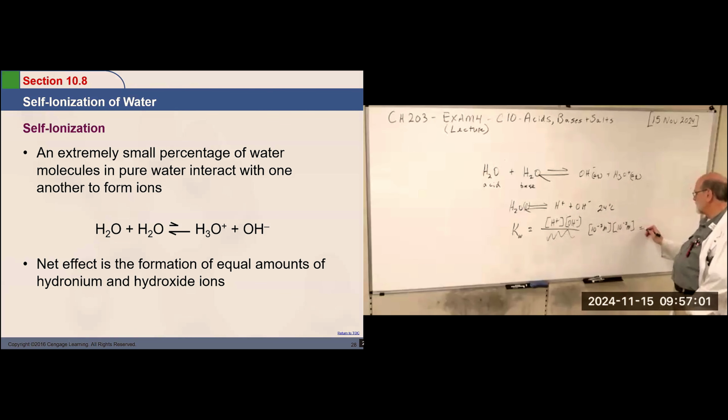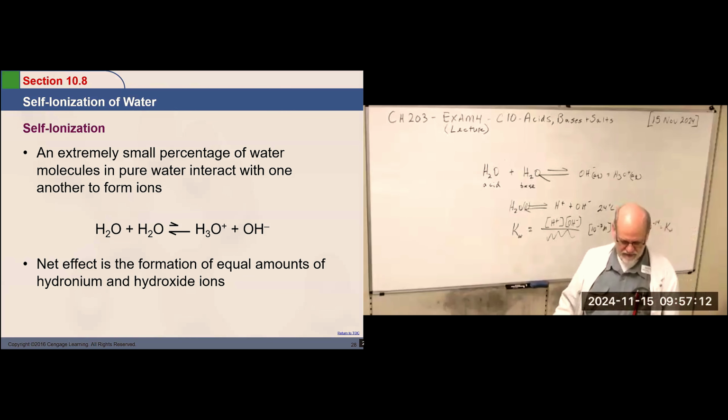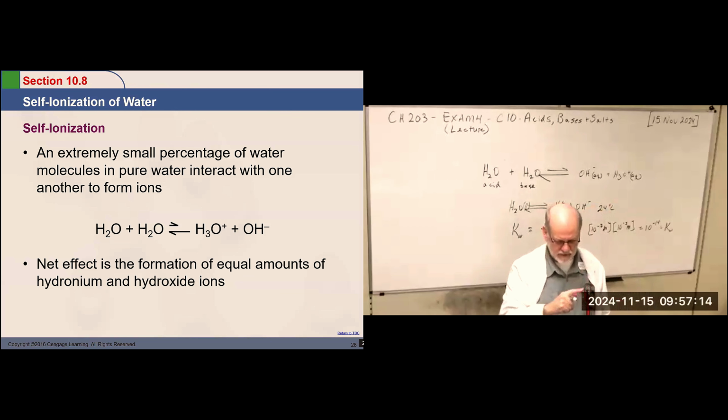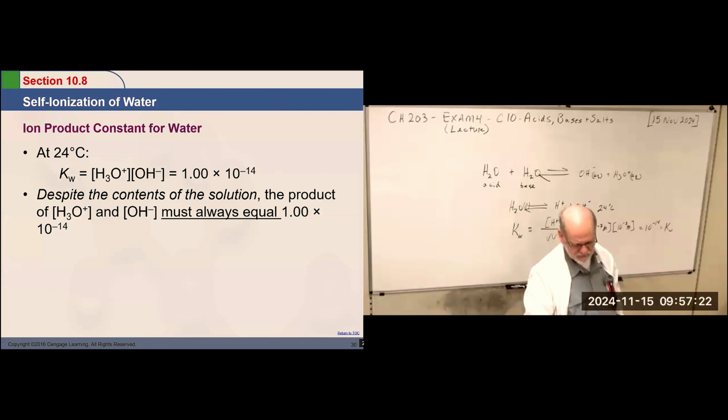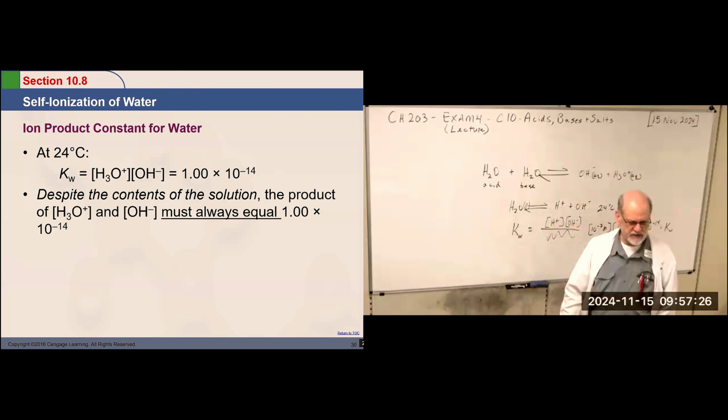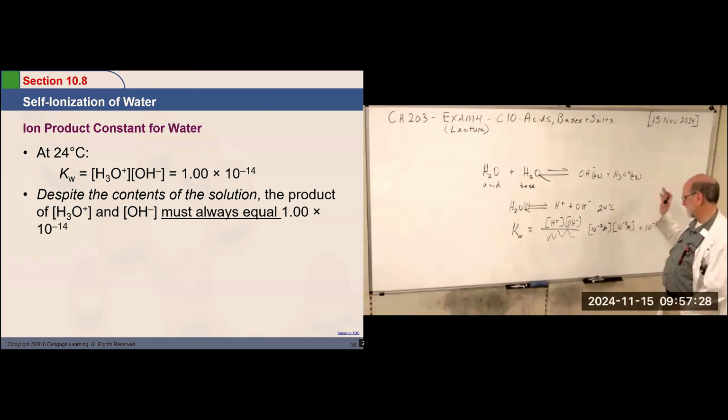So when you multiply those together, you get 10 to the minus 14. That's equal to Kw at that temperature. Okay. I'll take you back to that one in a few minutes when we talk about pH. Okay. Let's see, self-ionization. There's the ion product, right? They put the coefficient in there too, but since it's 1, I just left the 1 out.